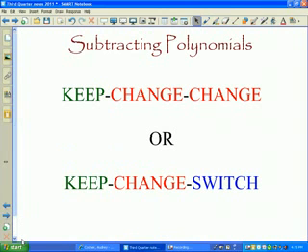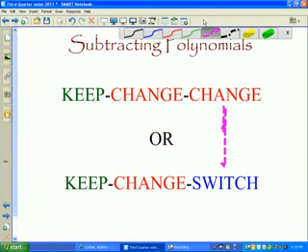But when we're subtracting polynomials, it's best to remember either the phrase keep, change, or the phrase keep, change, switch. This change and this switch mean exactly the same thing. So they're interchangeable, okay? So that's important for us to remember.